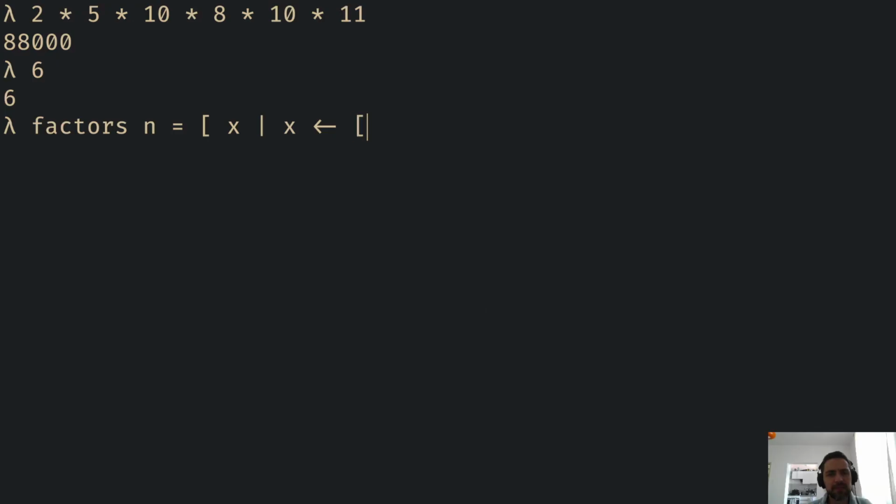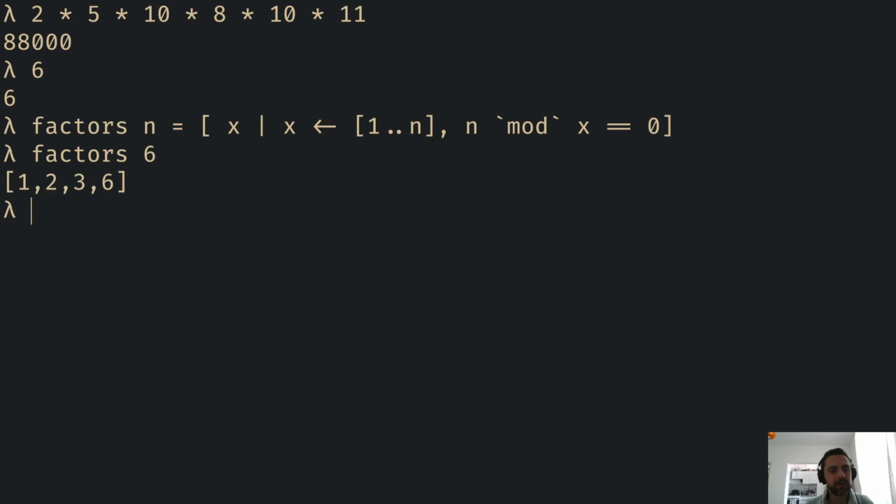It goes a list of numbers 1 to n, and n mod x is 0. So factors 6 is 1, 2, 3, and 6. Factors 16, as he said, is 1, 2, 4, 8, 16. All right, this is cool.